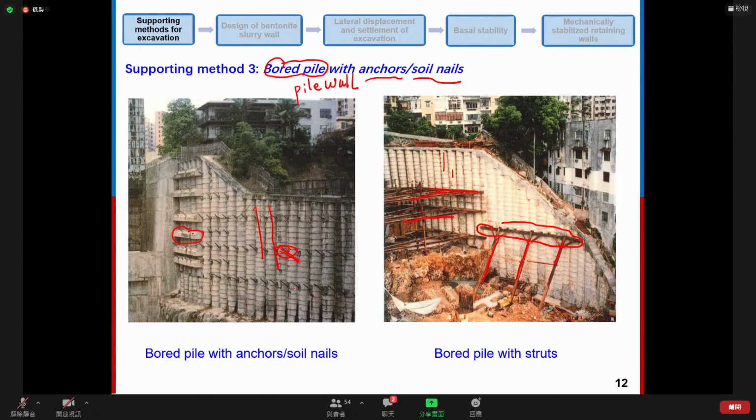So I think you already know the difference between soil nails and soil anchors in lecture 3. So for soil nails, it won't have a tension unless the slopes start to move. But for the soil anchors, we apply pre-tension to the anchors. So this is the main difference between soil nails and soil anchors.